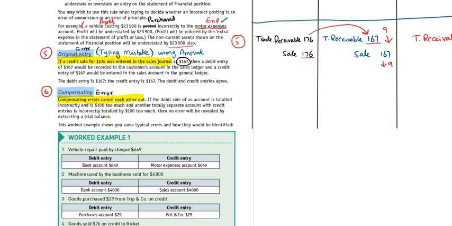So it occurs when two or more errors cancel each other out.